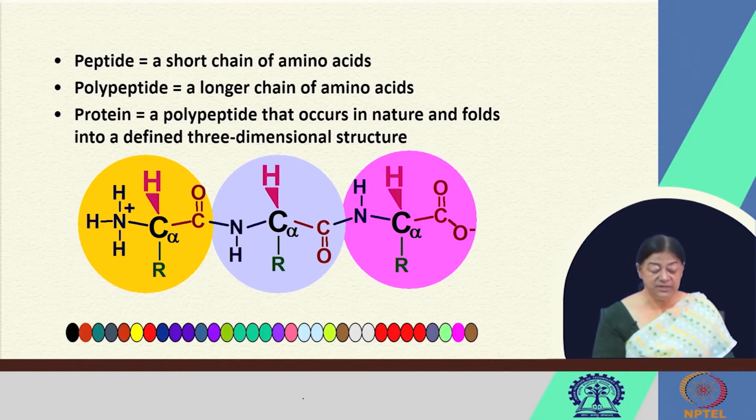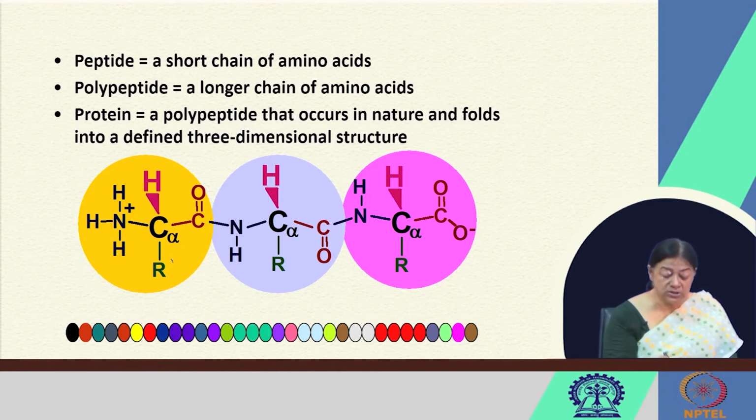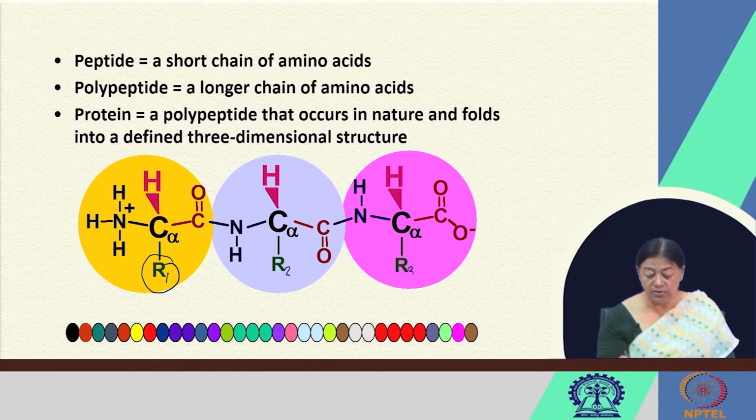So, if we have these beads that are connected one after the other, symbolizing the amino acid type, that is all the information we actually need. We only need to know what R group we have, whether it is R1 or R2 or R3.